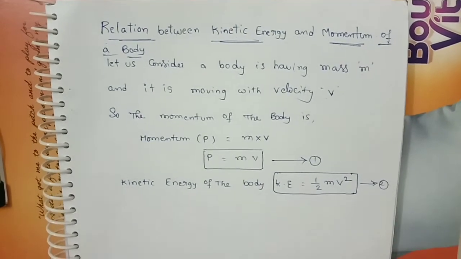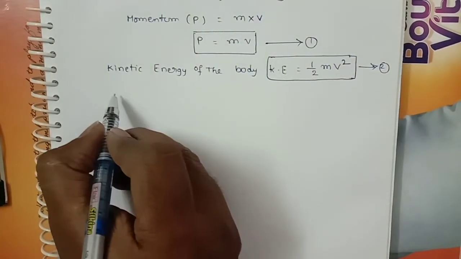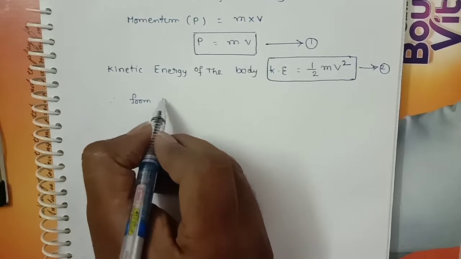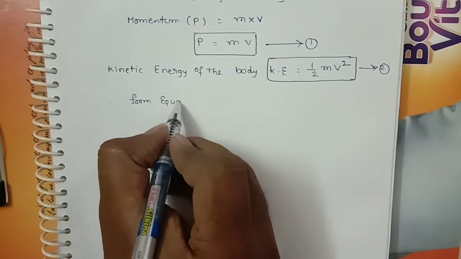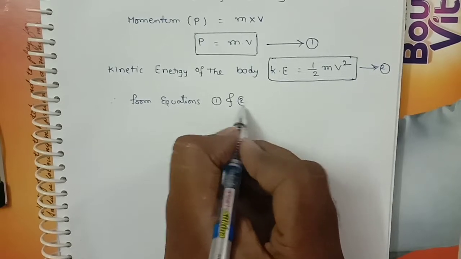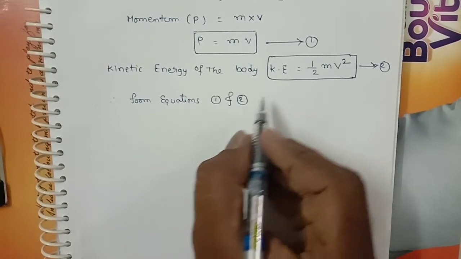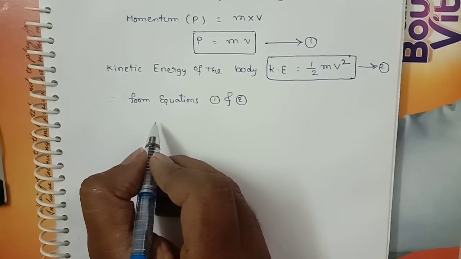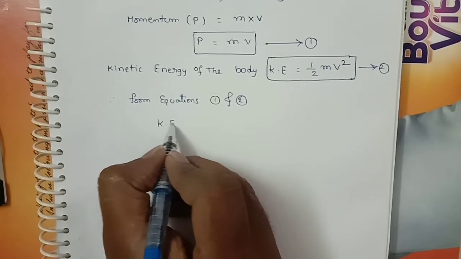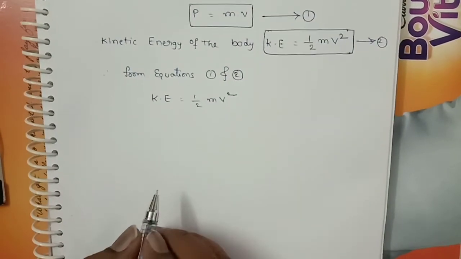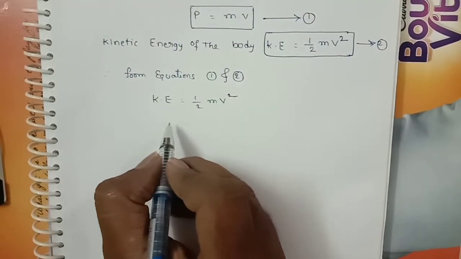By using these two equations, we can get our relation. I make some little changes in equation number 2, and automatically I get the relation. See, the right hand side of equation number 2 is half mv square. I multiply the right hand side with a fraction m by m.